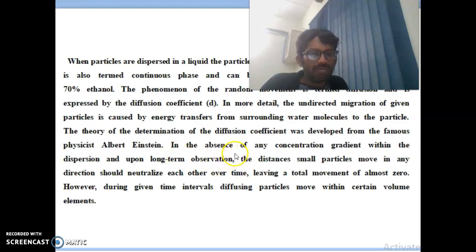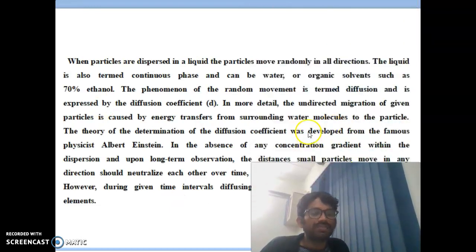In the absence of any concentration gradient within the dispersion, and upon long-term observation, the distances small particles move in any direction should neutralize each other over time, leaving a total movement of almost zero. However, even during a short time interval, the diffusing particles move within a certain volume element.